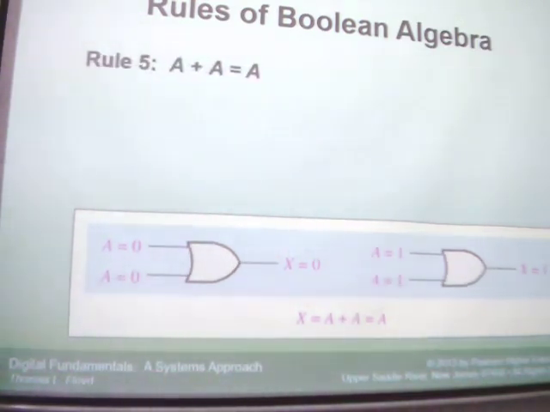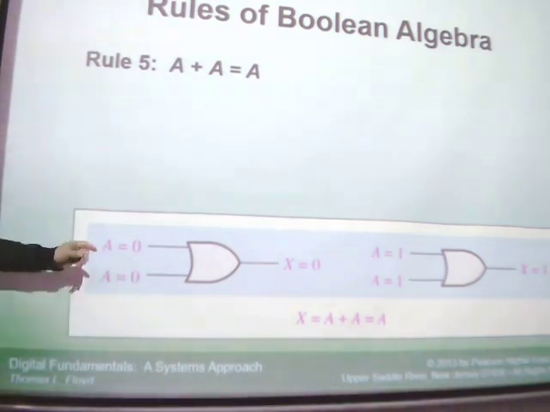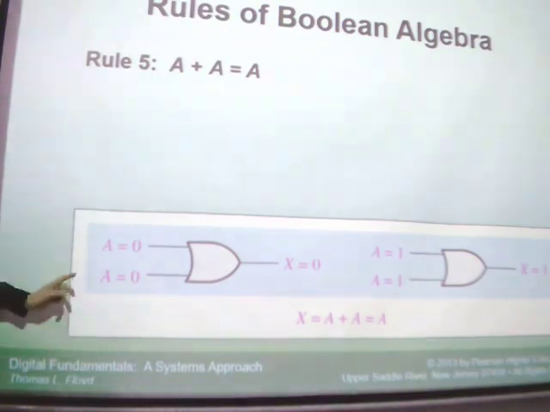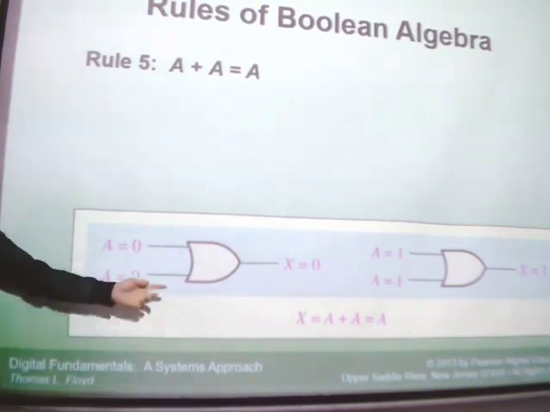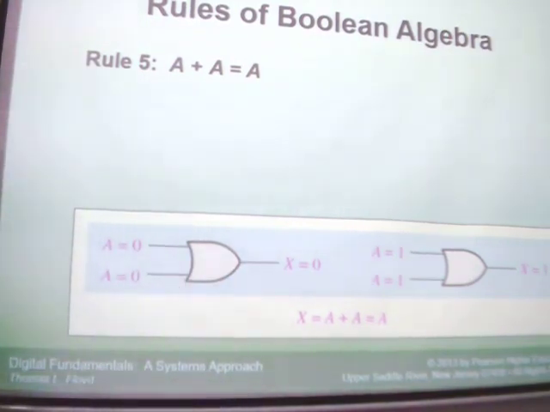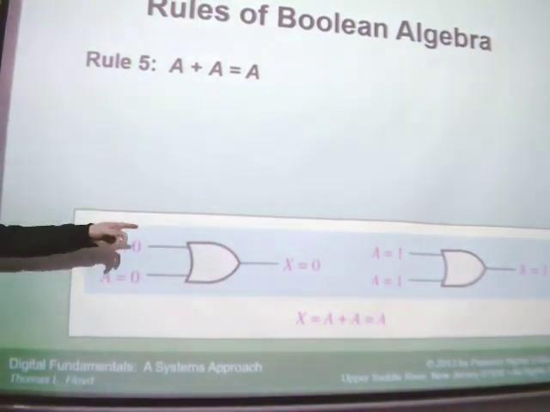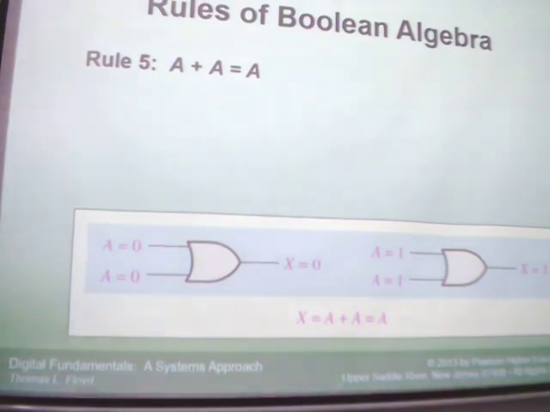A or A equals A. Why? Please see this figure. If A equals 0, 0 or 0 equals 0. If A equals 1, 1 or 1 equals 1. So A or A equals A.